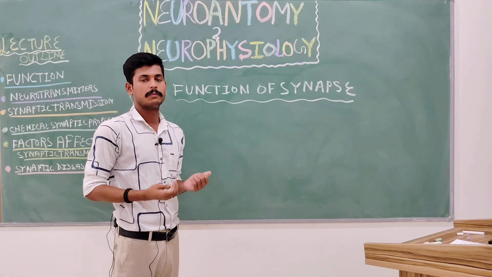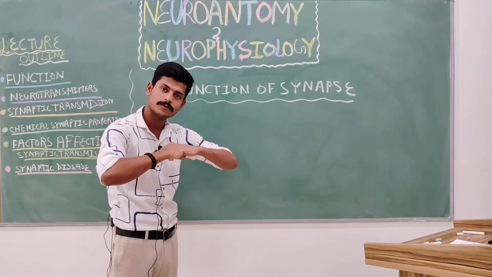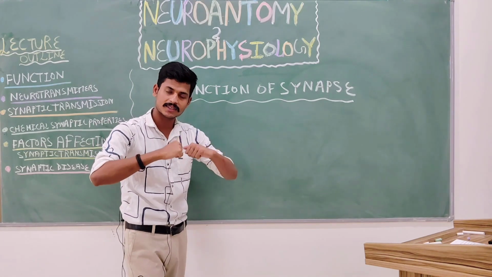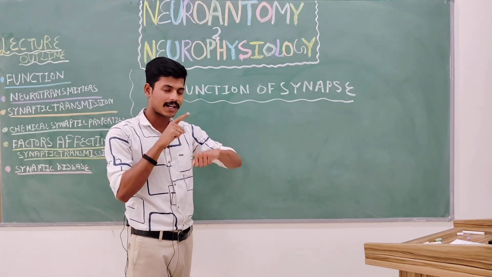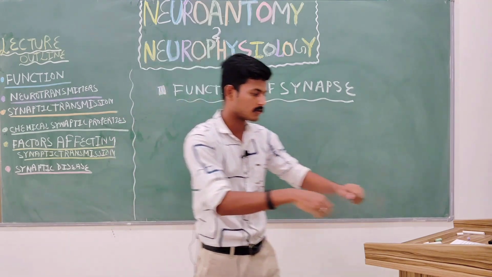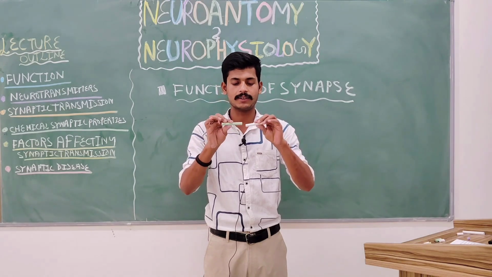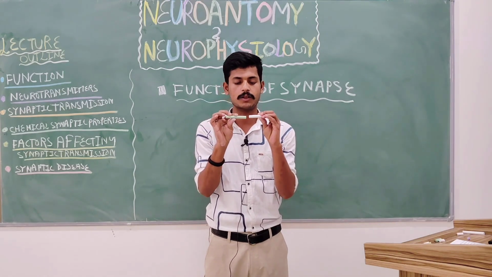The first thing is to provide one kind of junction. What purpose does this junction serve? Suppose this is one neuron, this is another neuron, and they make a connection.